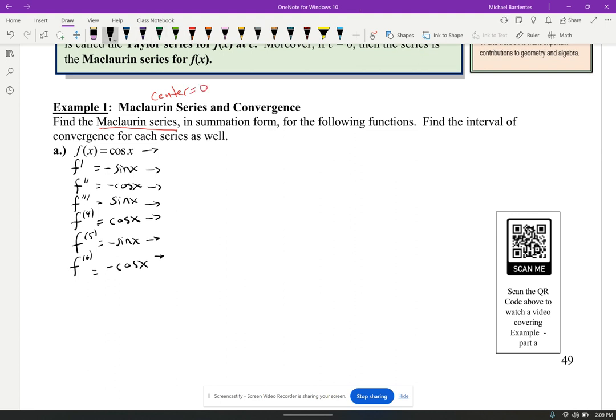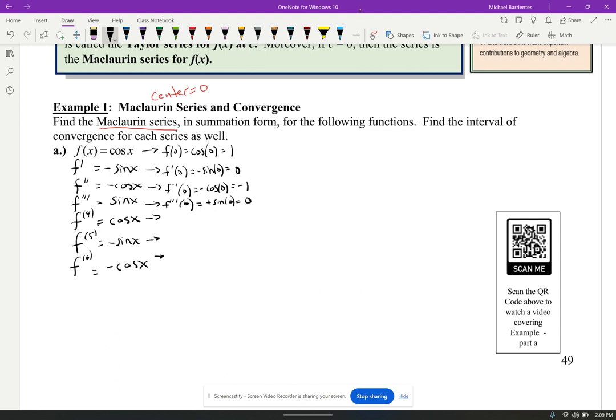So the function value at zero is cosine of zero, which is 1. The derivative at zero would be negative sine of zero, which is 0. The second derivative is negative cosine of 0, which is negative 1. And the third derivative at 0 is positive sine of 0, which is 0.